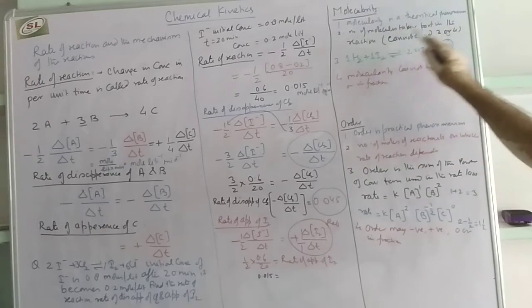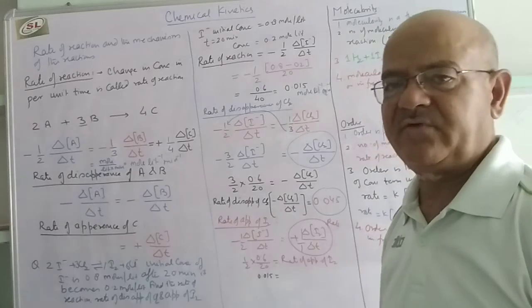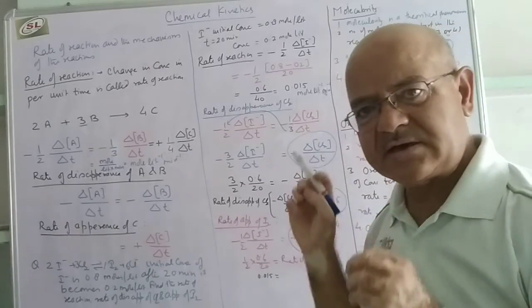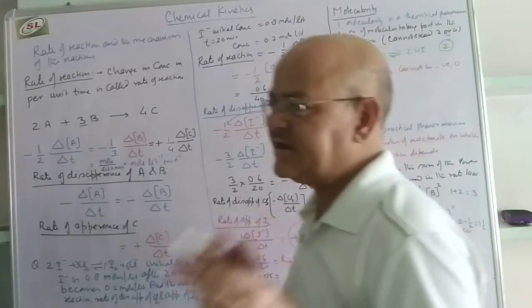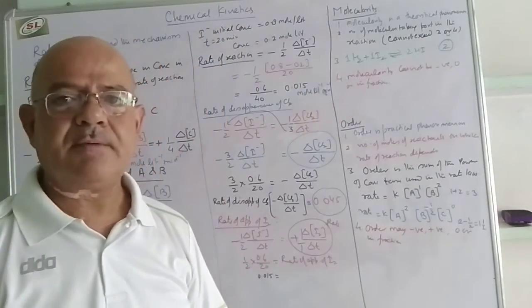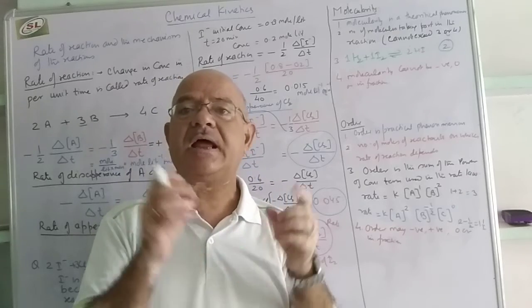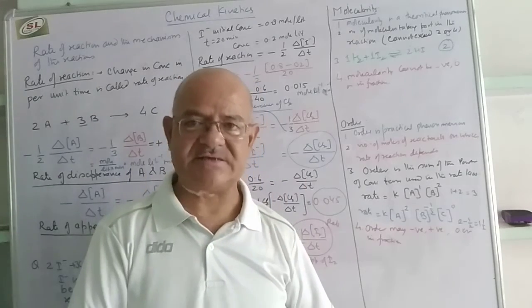The number of molecules taking part in the reaction is the molecularity. It cannot exceed 3 or 4 because more than 3 or 4 molecules cannot collide together at the same time at the same place.